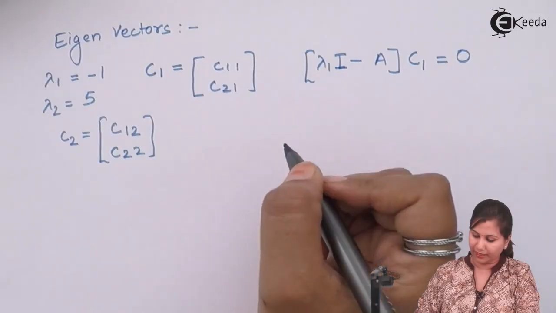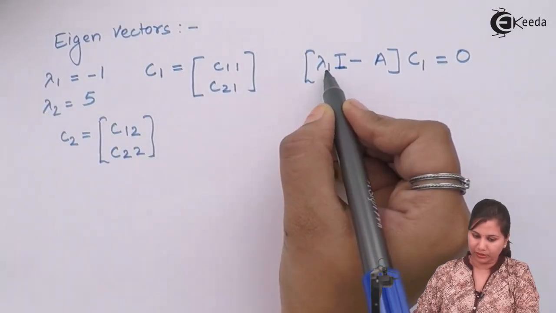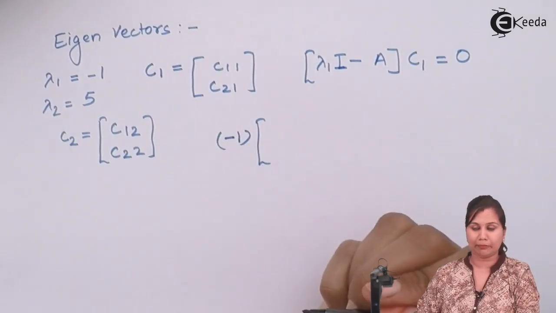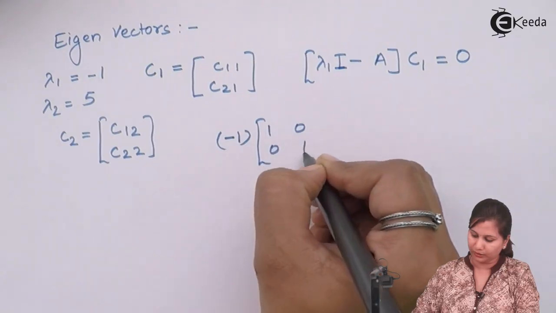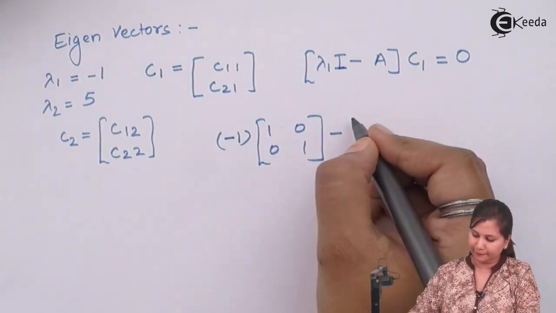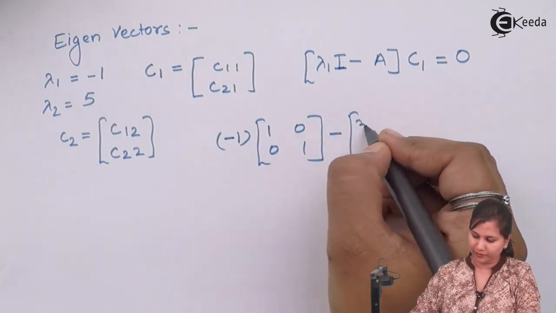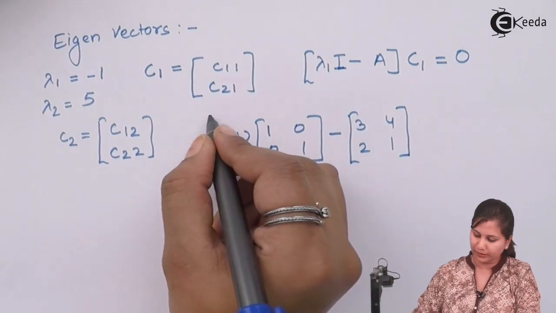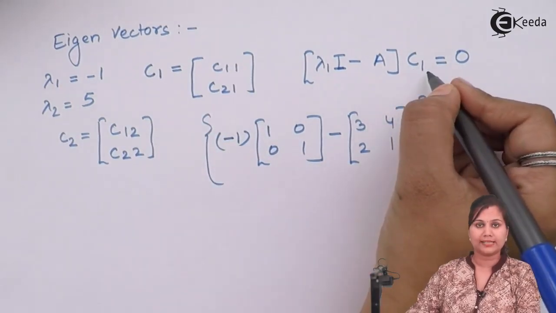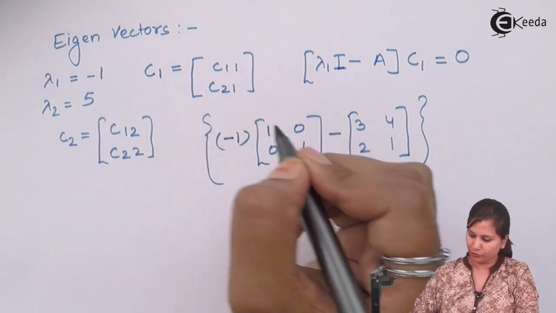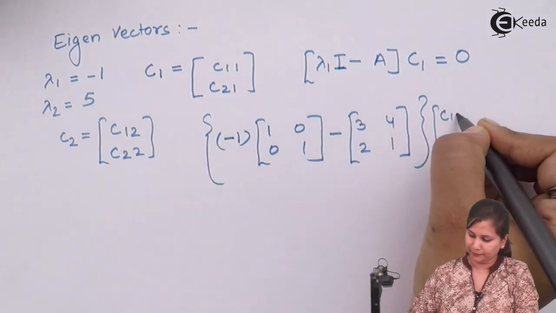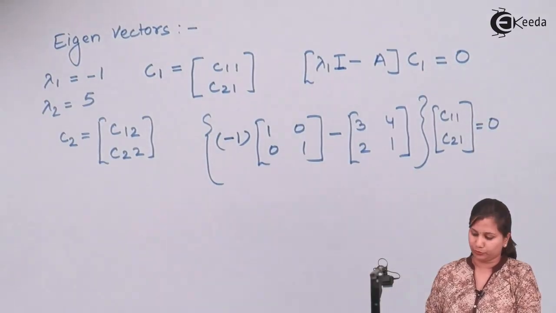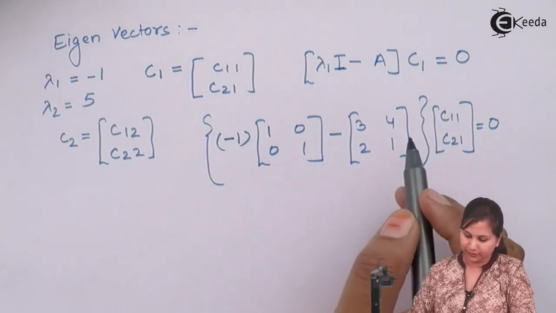When we are going to solve this equation, we will get the eigen vector C1. So just substitute the values. Lambda 1 is minus 1. Then we have I, the identity matrix, so 1, 0, 0, 1. Then minus A. A is 3, 4, 2, 1. And this whole has to be multiplied with the C1 matrix, which is C11 and C21, and it is to be equated to 0. Now let's solve this.